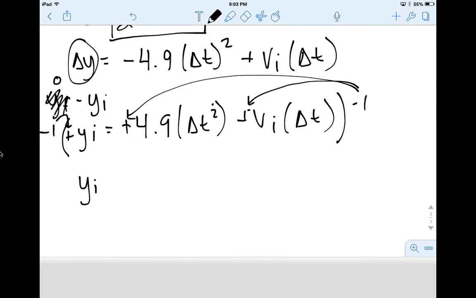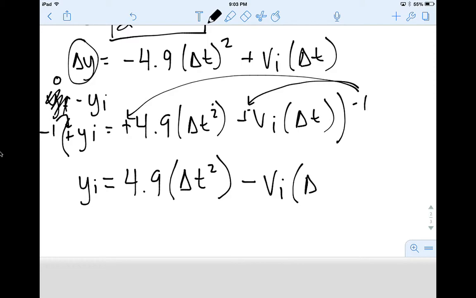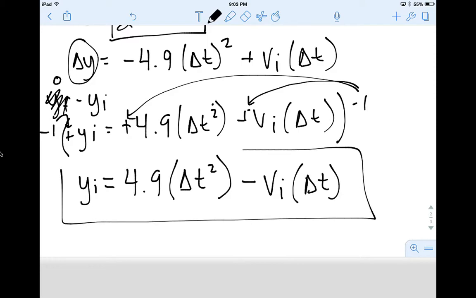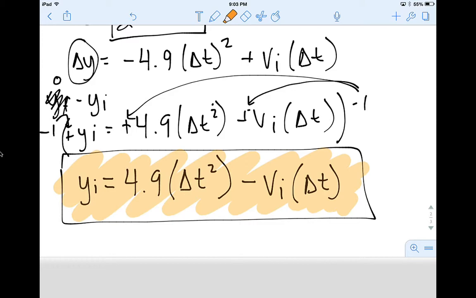Initial height equals 4.9 delta t squared minus vi delta t. So we put a box and we shade that in.